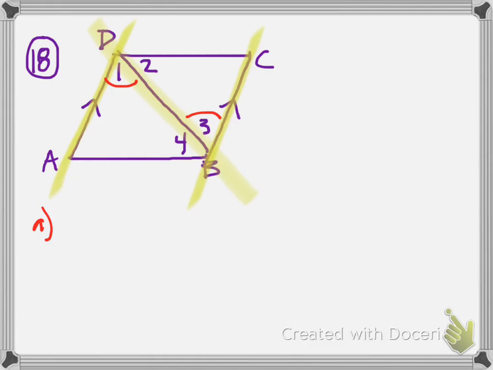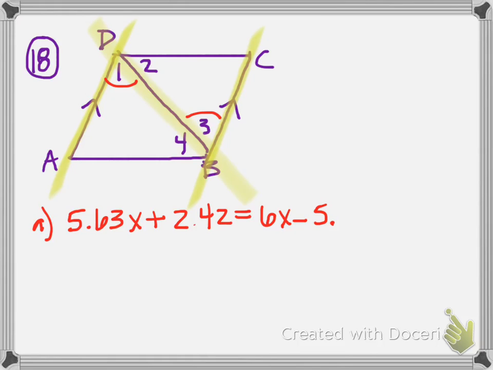So angle 1 has an expression of 5.63x plus 2.42. That's going to be equal to the measure of angle 3, which is 6x minus 5.1.